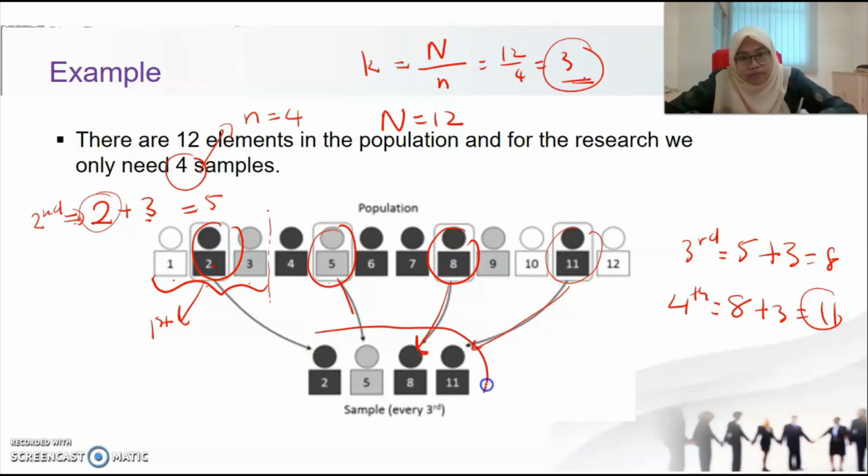So these 4 are my samples using systematic sampling, provided that the first sample is number 2. This is how you conduct systematic sampling to get the sample from the population.